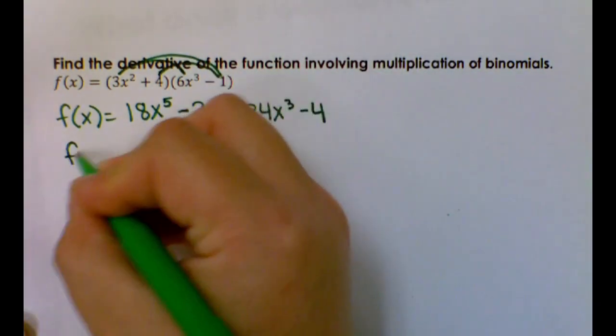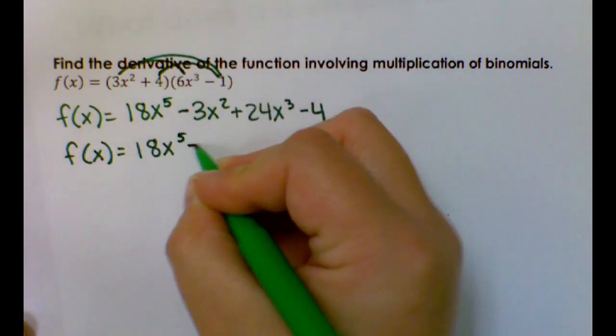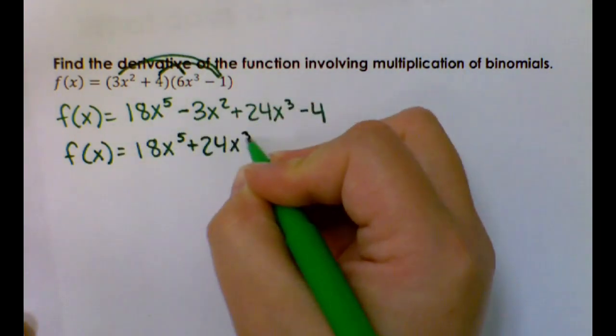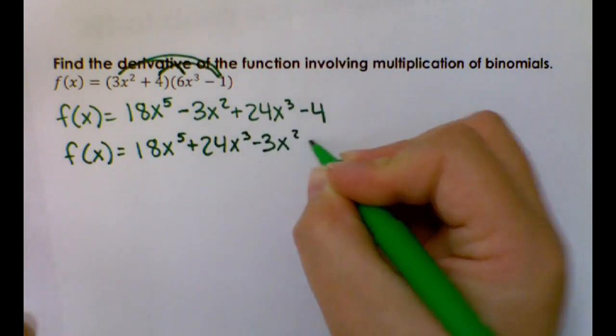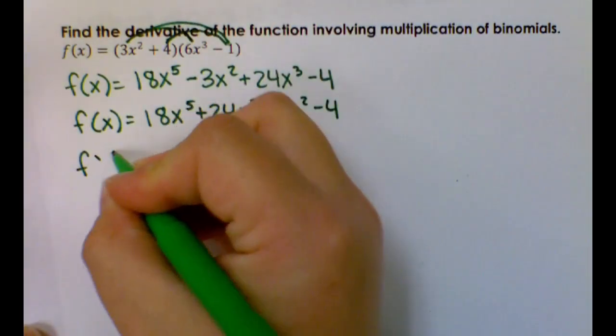Standard form of this would be to have decreasing exponents, so 18x to the 5th power plus 24x cubed minus 3x squared minus 4. Then I need the derivative, so f prime of x.